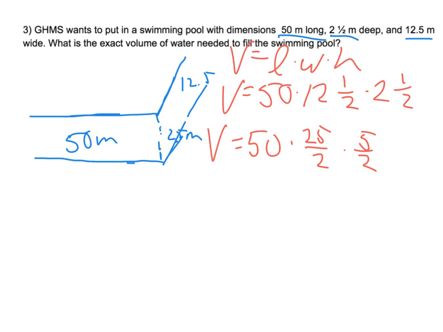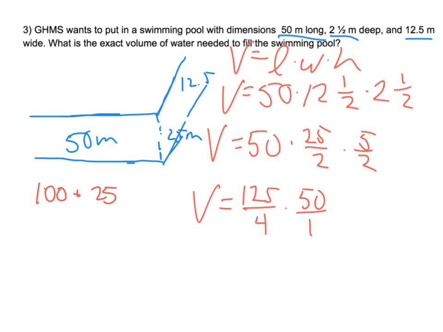And since it's fairly simple and straightforward to do, I'm going to go ahead and multiply my two fractions together. 25 times 5, I know, is going to give me 125. So that'll be 125 fourths times 50 over 1. All right, now to multiply these across the top, I've got 125, which is the same thing as 100 plus 25.